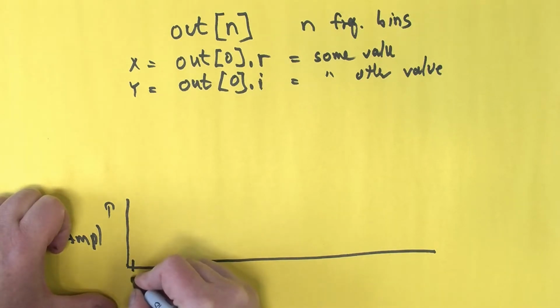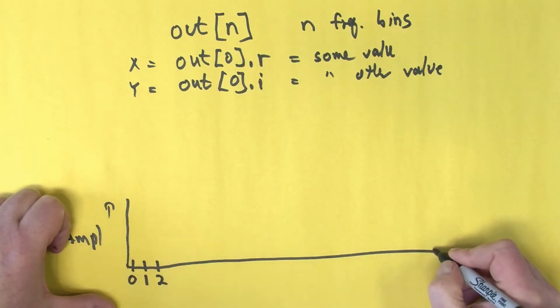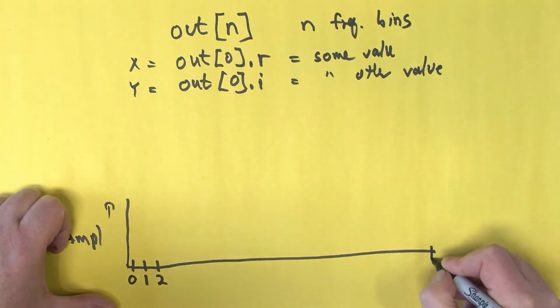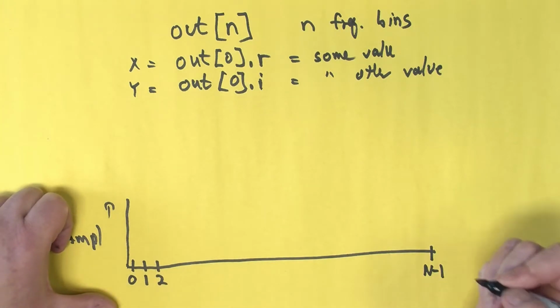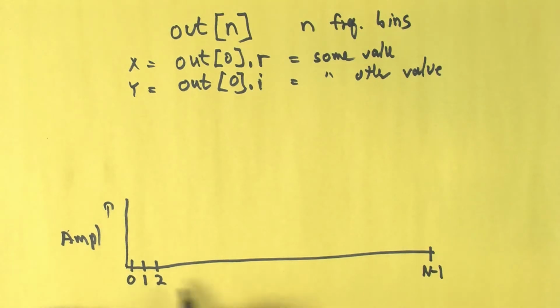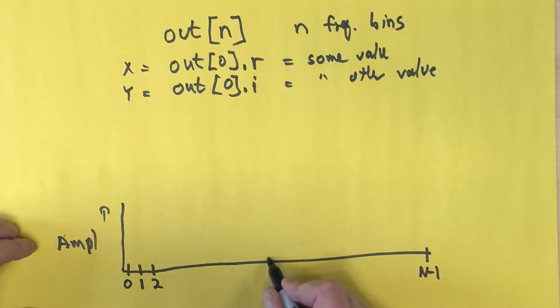So this would be the 0 bin, this would be the 1 bin, this would be the 2 bin, all the way up to here, which would be the n-1 bin, because there are n points. So the maximum one here is n-1 if the first one is 0. And in the middle, not surprisingly, there is a bin corresponding to n over 2.